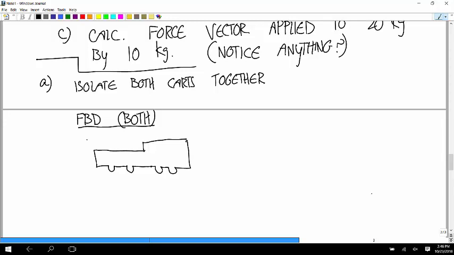Step two is to draw a force down from the center of the object and label it with either the weight of the object numerically or with mg. What's the mass of our chosen object? Yeah, 30 kilograms, because we're just adding both of them up. So 30 times 9.81 is the weight. And if you calculate that, you get 294.3.